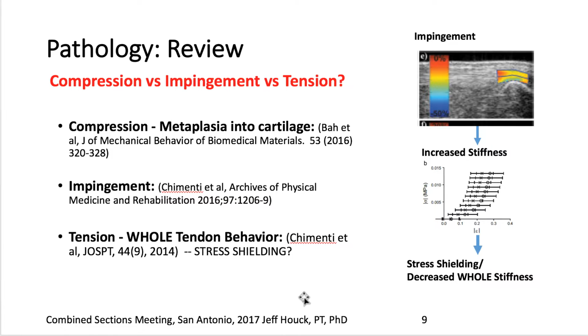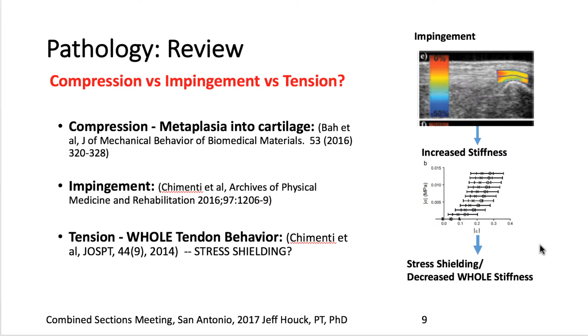So how does all this fit together? We have compression with metaplasia, this increased stiffness due to cartilage, but then we also have a whole tendon behavior where it's more compliant. So the theory is that the impingement itself causes a local reaction that's adjacent to the calcaneus, which makes the tendon more stiff, but that increased stiffness also causes stress shielding within the tendon, which may unload the healthy tendon.